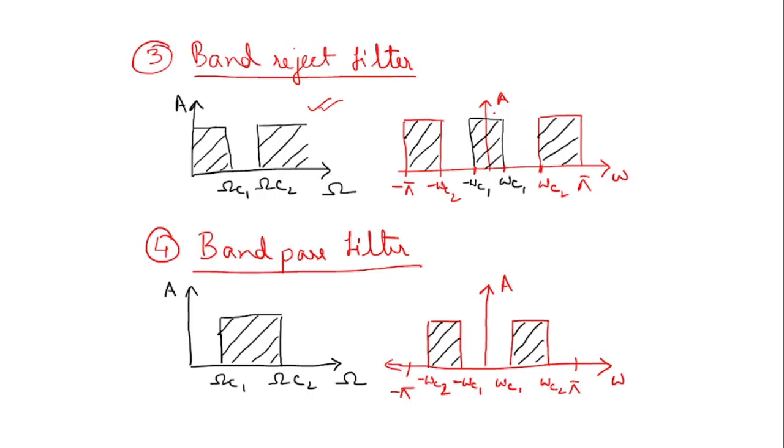So we have a combination of low pass filter and a high pass filter. Again you can put it in the minus pi to pi or in the 0 to pi region. Then in the band pass filter also, it is something like this. So this is the digital domain frequency response.